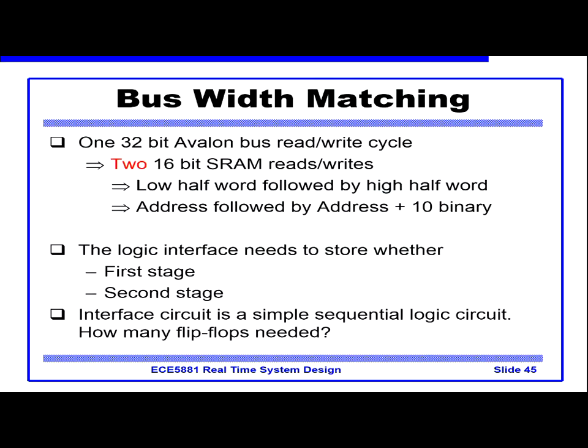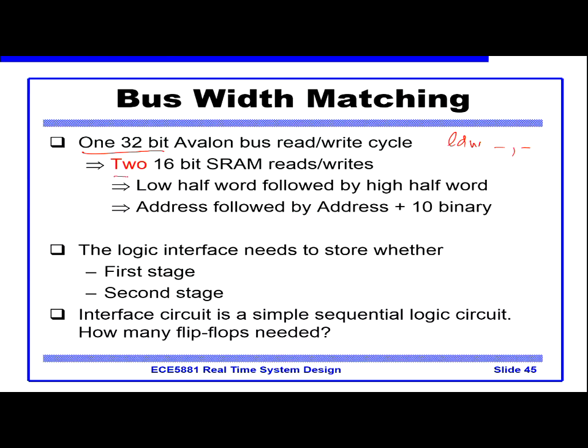Okay, so let's look at the problem of bus width matching. So you can divide this up into read-write cycles. When we do that, we've got our 1 32-bit word, so you might be doing a load word instruction with some operands. So that tells us we're operating on a 32-bit word rather than a load H, which is 16 bits, or load byte, which is 8 bits.